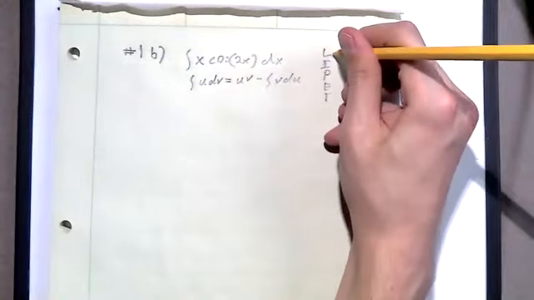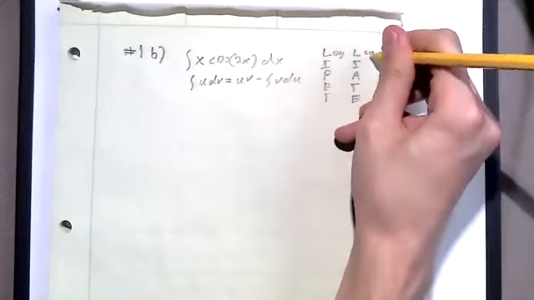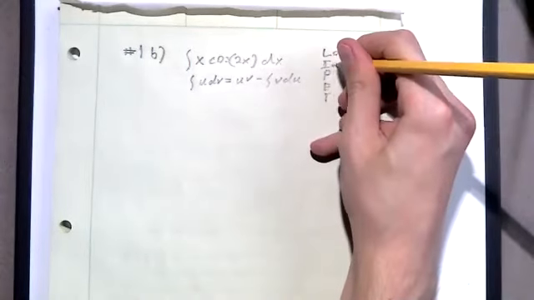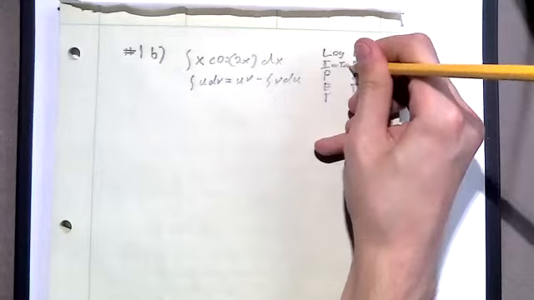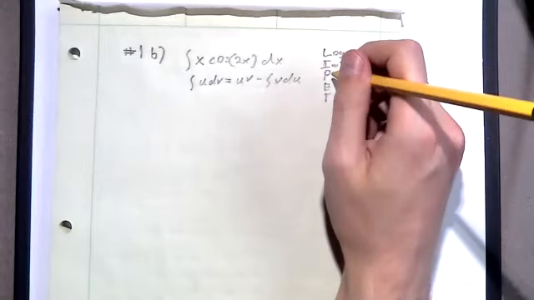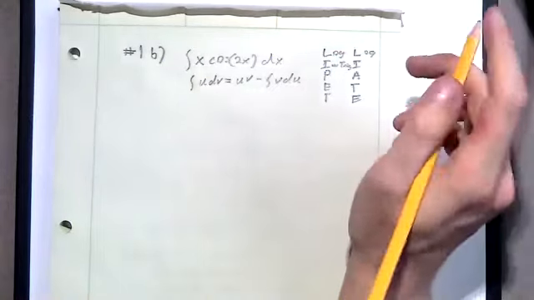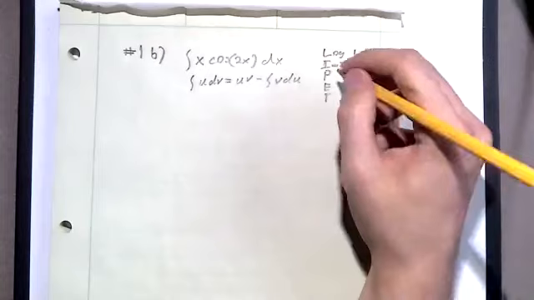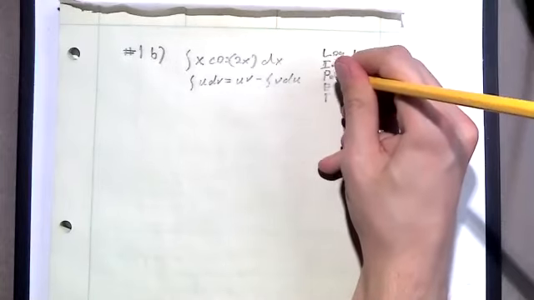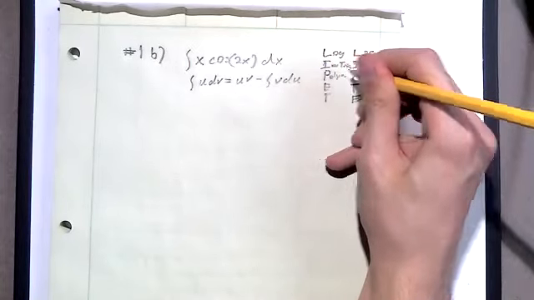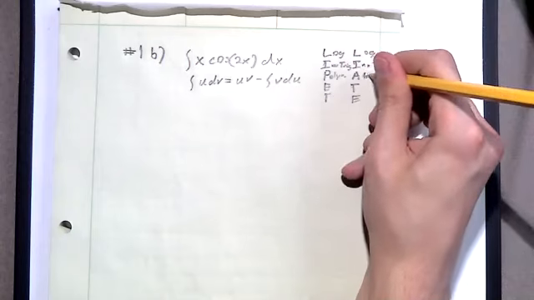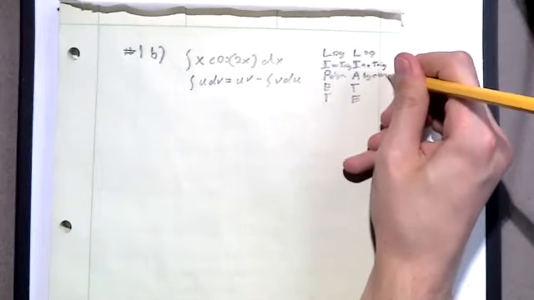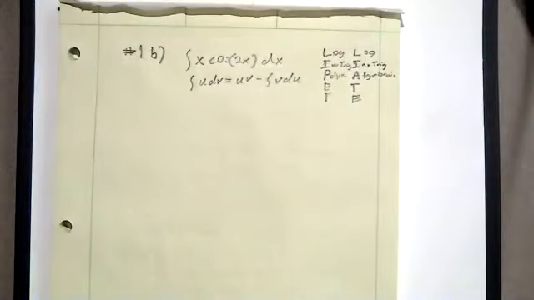So this is our logs. This is our inverse trig, like our arc cosine, arc cotangent, all that. And this is polynomial, and this is algebraic, which are the exact same things. I just use slightly different words.